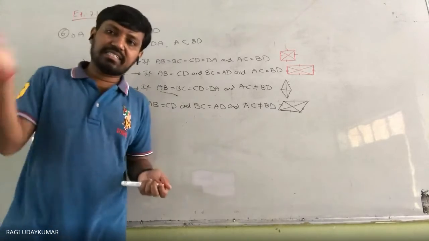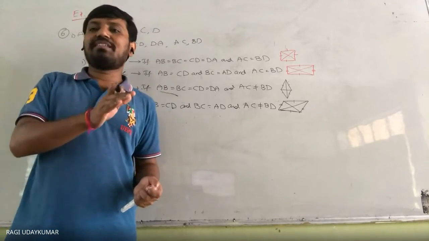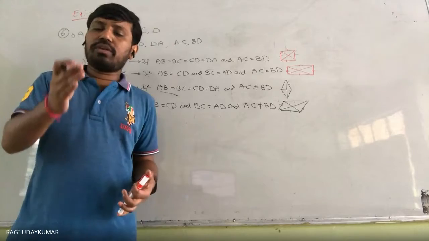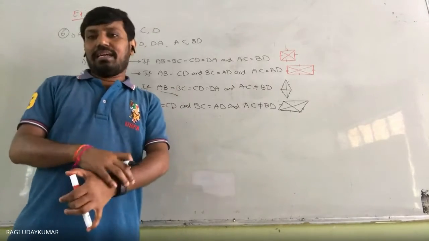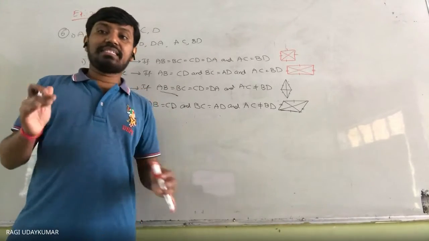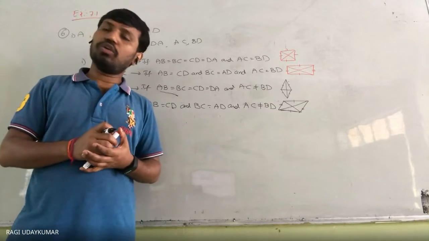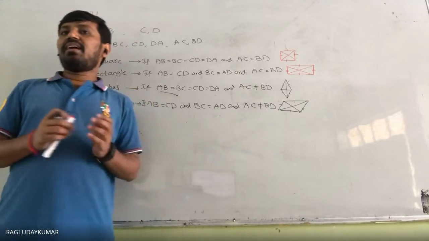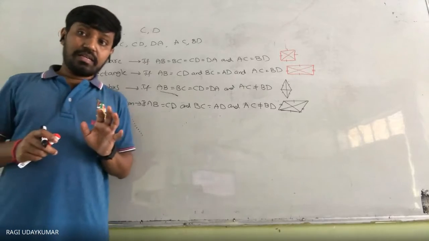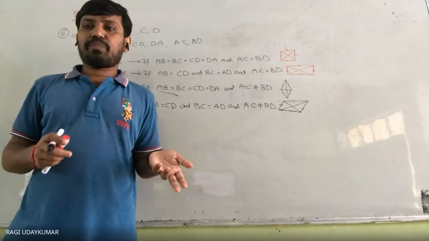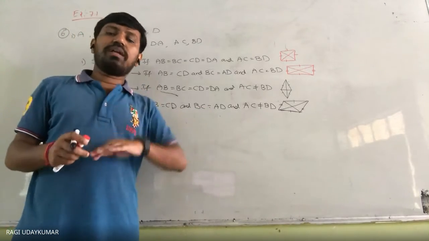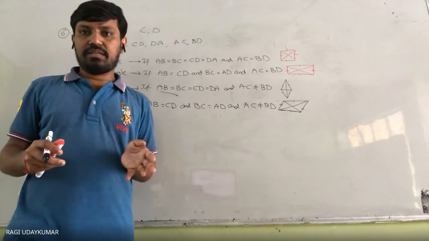Slope concept, which you will learn in the next standard, 11th. Using the slope concept, you can check parallel lines when the points are given to you, whether they are parallel or not. But here we cannot say trapezium.